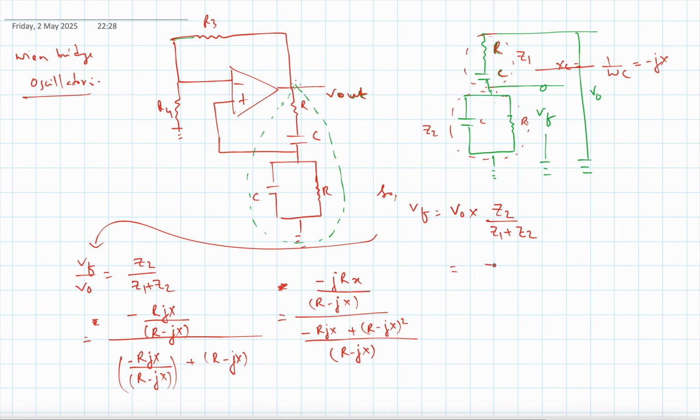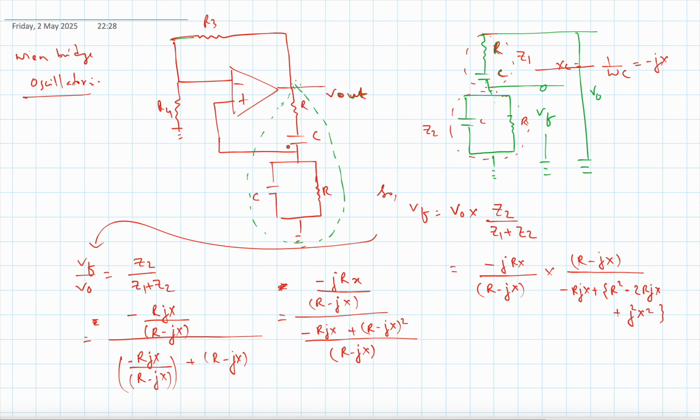This is minus JRX by R minus JX multiplied by R minus JX, by minus RJX plus R square minus 2RJX plus J square X square.